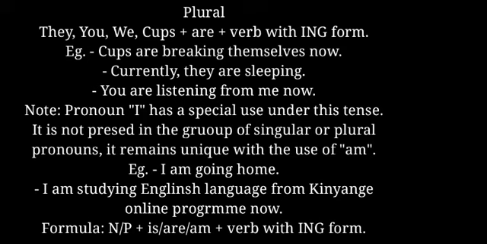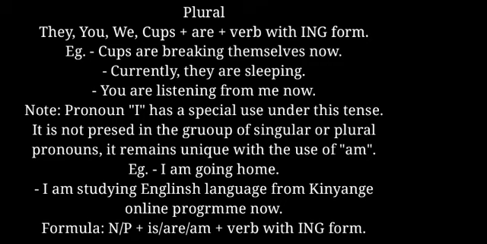For example, break, we have added the ing form and it is breaking. And they sleep, sleeping. Listen, listening. All of these three are in present continuous tense but in plural form, where the subject is plural and the auxiliary verb should be plural.